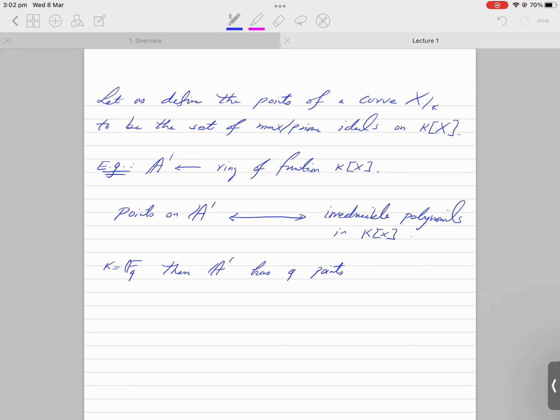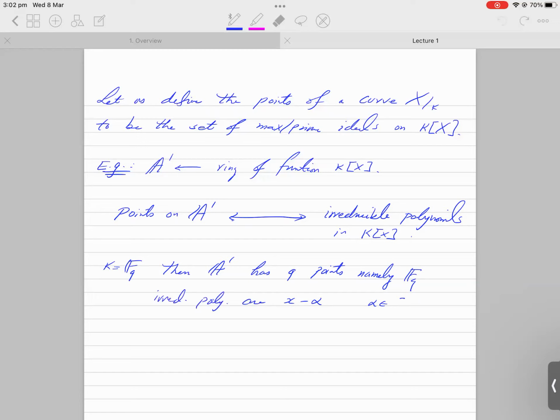The points identify with the vector space F_q itself, because the irreducible polynomials are of the form x minus alpha, where alpha is in, oh, sorry, no, that was wrong. So these are the F_q points. I'm saying nonsense, sorry. Of course, if it was algebraically closed, okay, so let me keep that because it's useful.